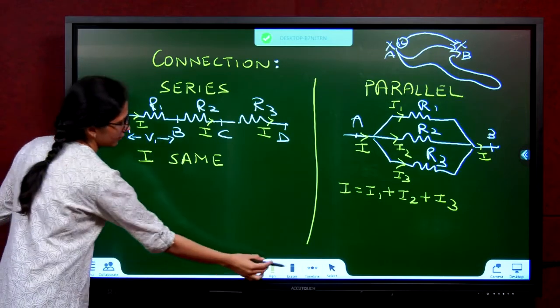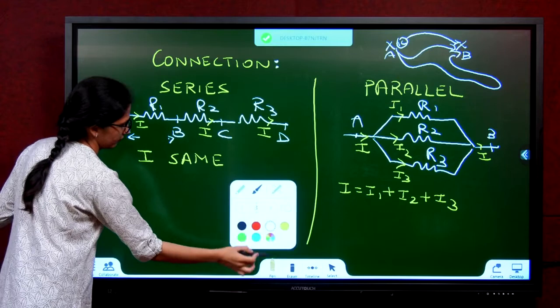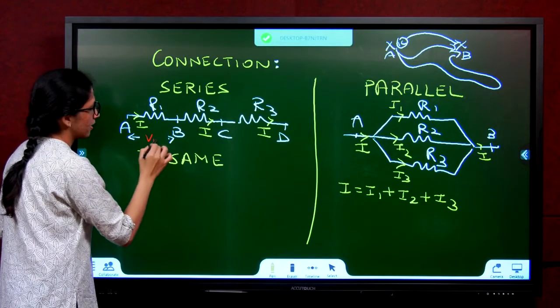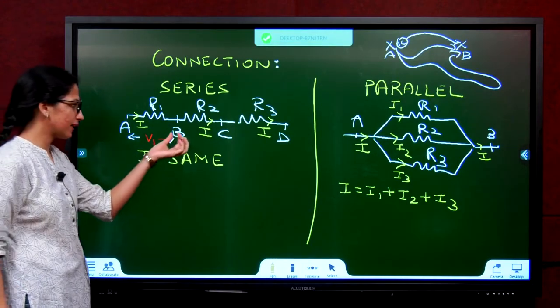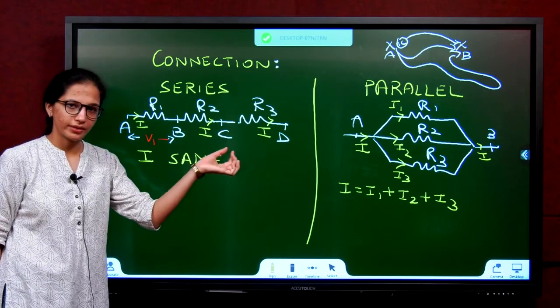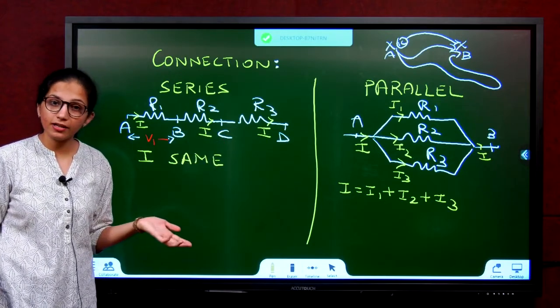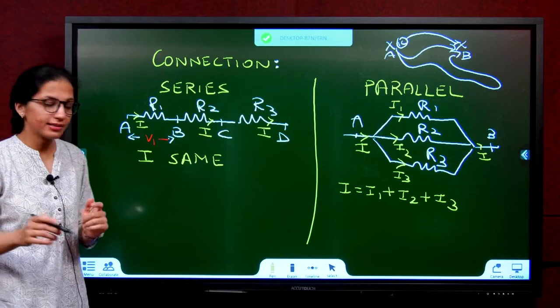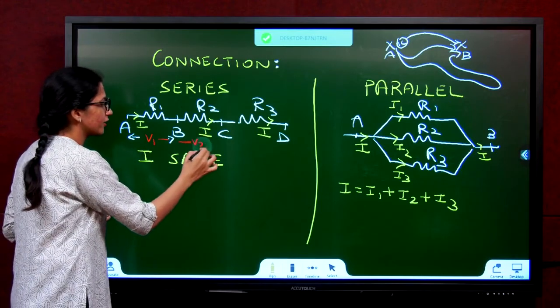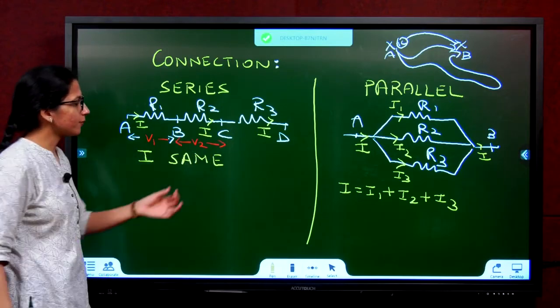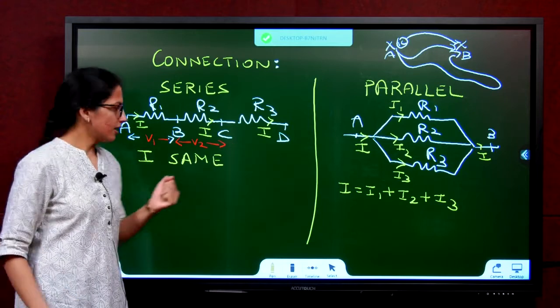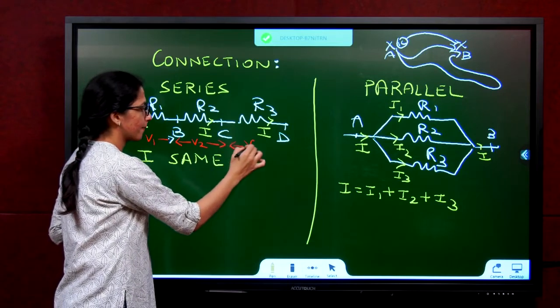If I am now making the charge move from B to C, it may not be the same work, agreed, because the points are not the same. So this is V2. Now if I am going from C to D, that is again V3.